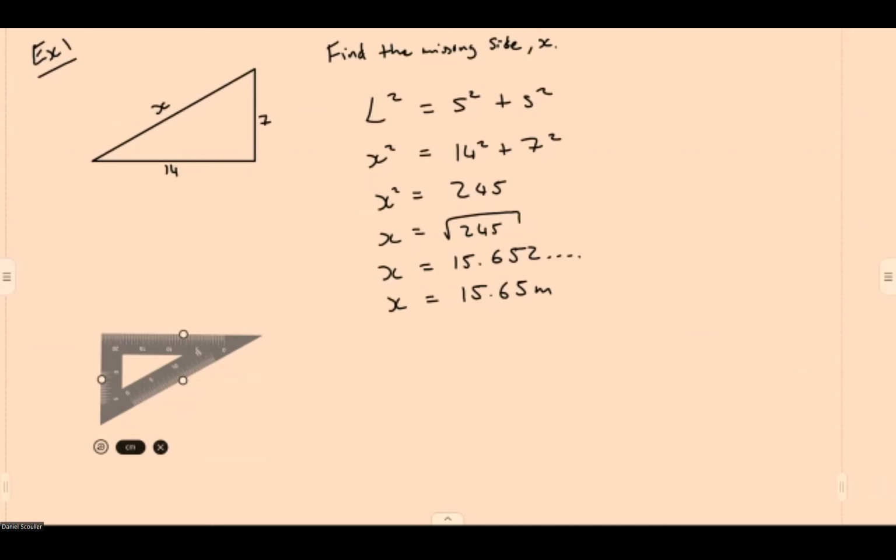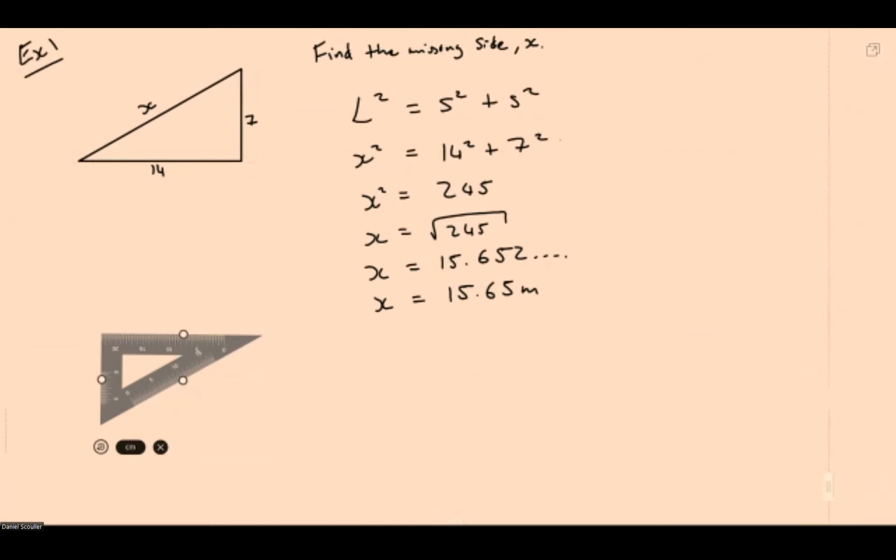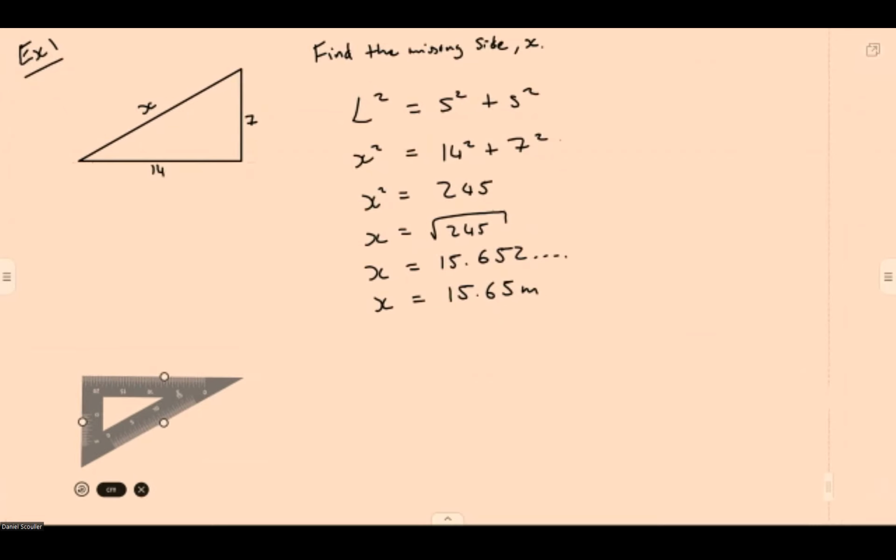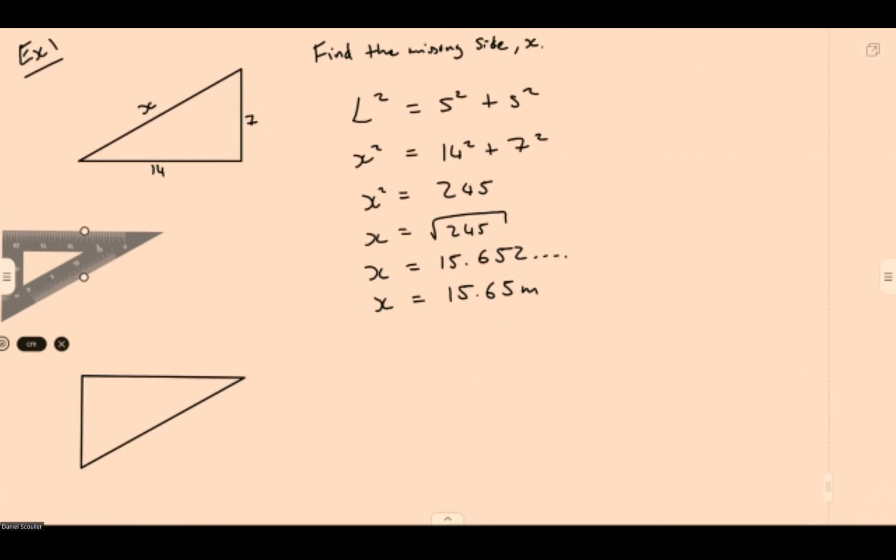Now, it may be a bit tricky if it's a funny direction, so it's upside down. It might not be overly clear which one's the biggest, but the longest side always sits opposite the right angle. If it's a question simply looking at Pythagoras, they might throw in a wee thing like changing the type of units.